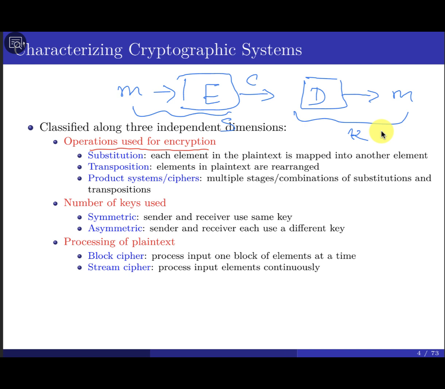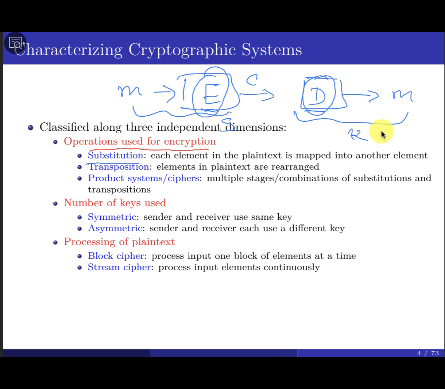So here, the operation used for the encryption, what does that mean? We can classify different cryptography systems by what they do inside here, what kind of operation is performed in the encryption and decryption. The simple one we call substitution. What does that mean? It looks like mapping: each element in the plain text is mapped into another element, one to one.